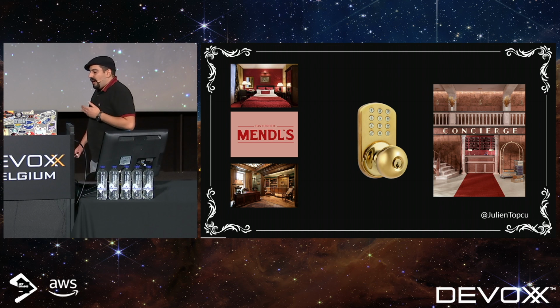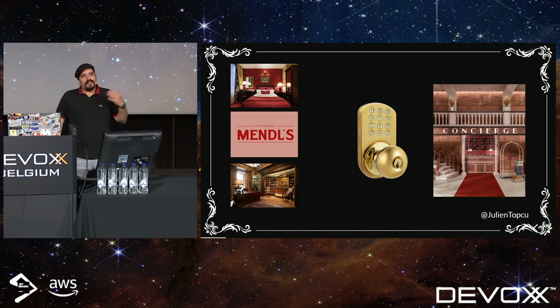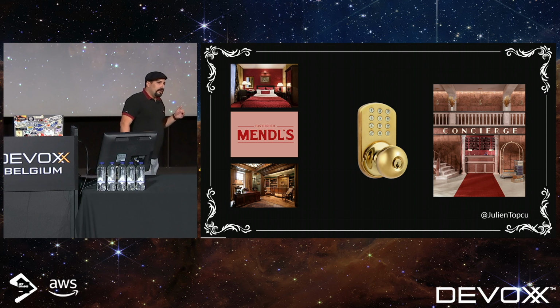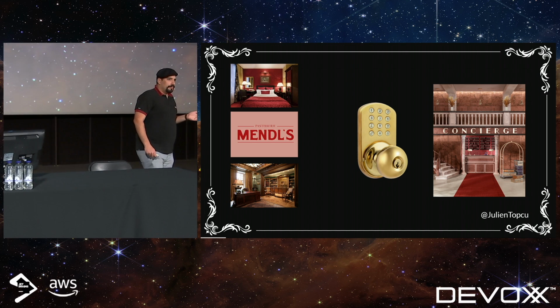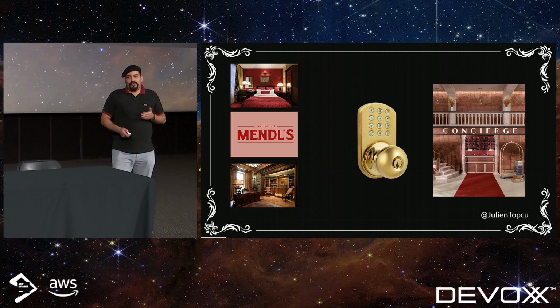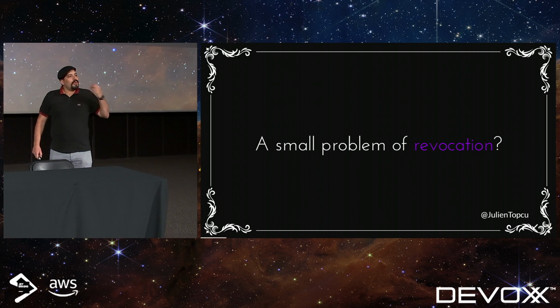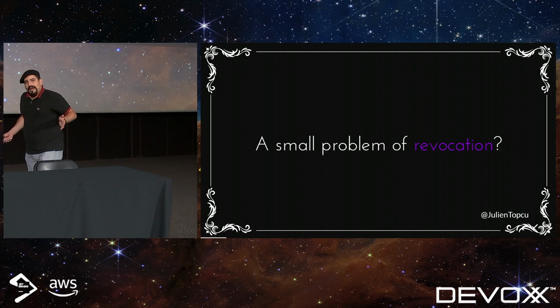So sometimes we have guests coming back to town, and they remember that we gave that code to them, and without having any reservations, they just try the code, and they're able to go to the private space and squat the room. So here we have what we call a small problem of revocation, because once we have given the code to a guest, we have no means to get it back.